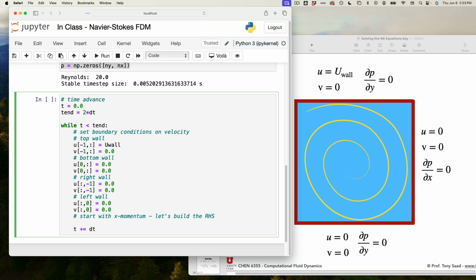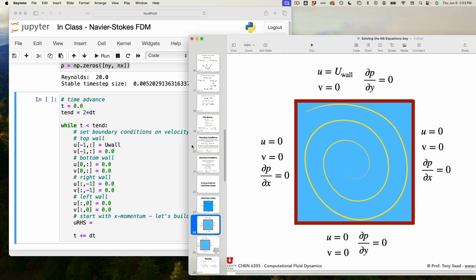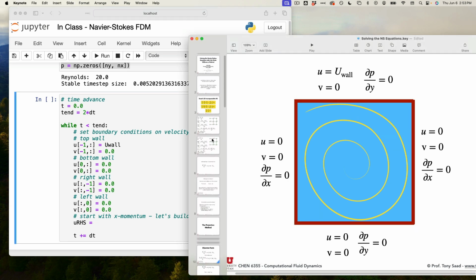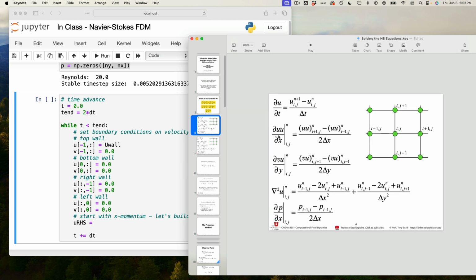So we'll start with x momentum. We build the right-hand side. I'm going to call this u right-hand side, and that's going to involve these terms here. We need four terms here, including the two terms in the diffusion space.